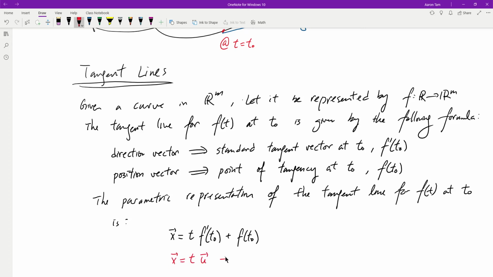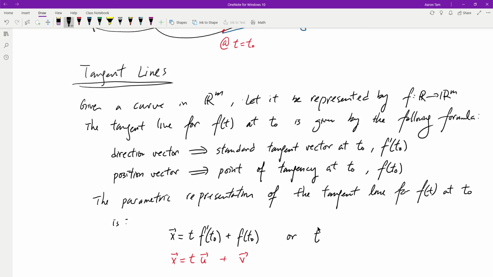If you think about it, you probably recognize that this looks like the earlier formula. And you're correct, because it's exactly the same formula, except that u is a specific vector, f prime of t sub 0, and vector v is a specific vector, f of t sub 0.